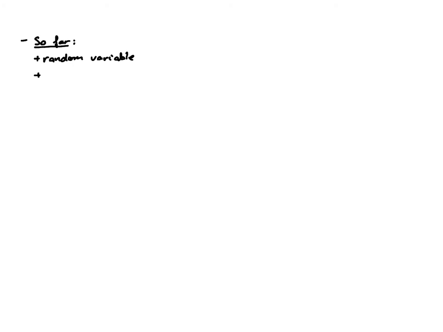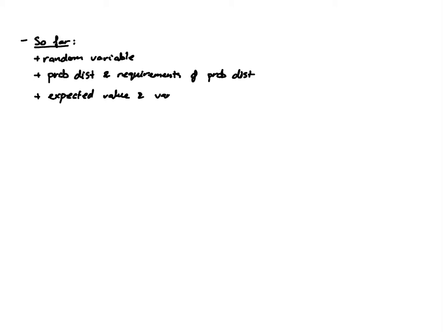Then we talked about probability distributions, and what needs to be true for any probability distribution. And then we learned how to compute the expected value and the variance of any random variable.